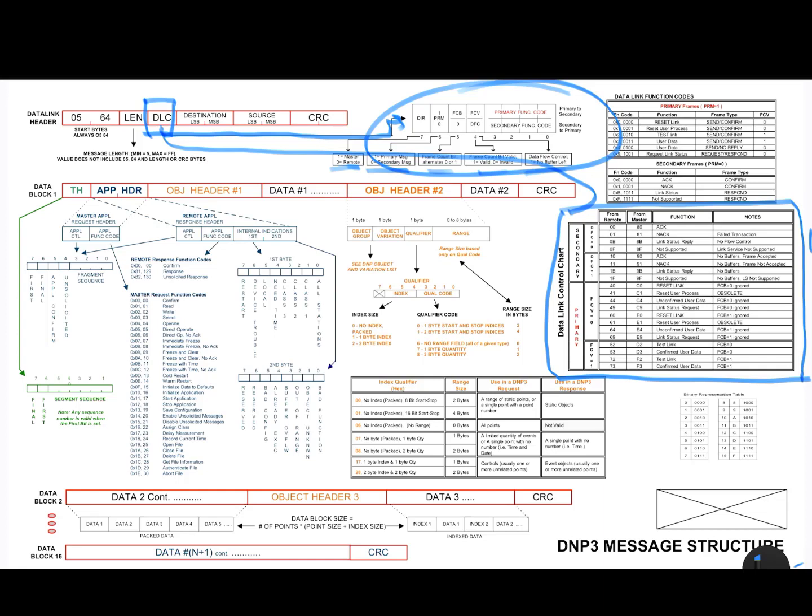this larger table. So as an example, if we look at the direction bit, the direction bit being a 1 is going to mean that it's from the master. If the direction bit is a 0, it means it's from the remote.